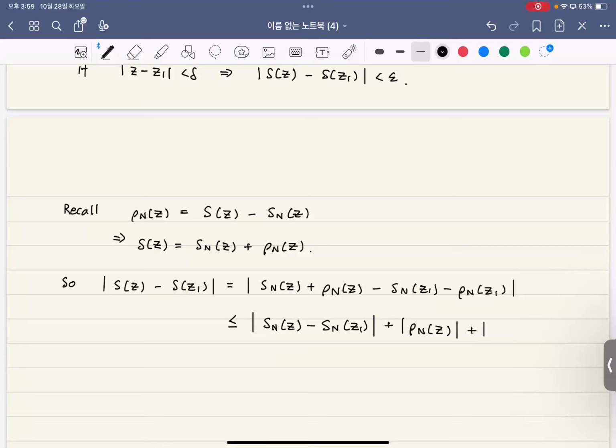Using the triangle inequality, I get this.